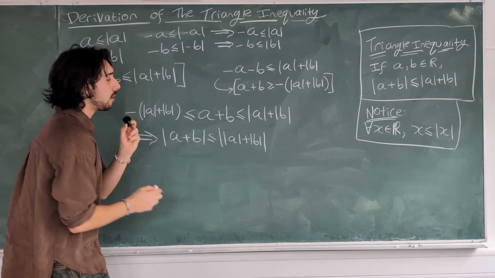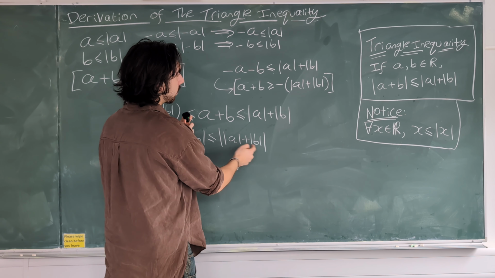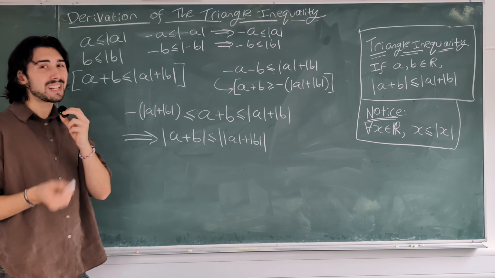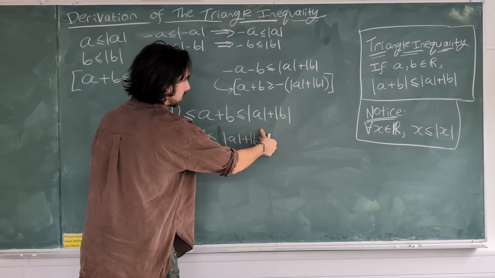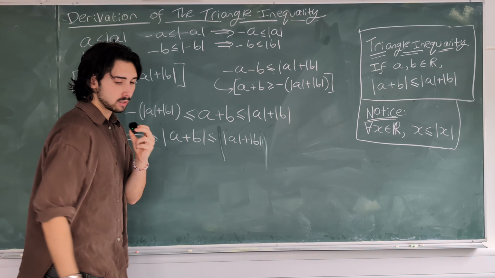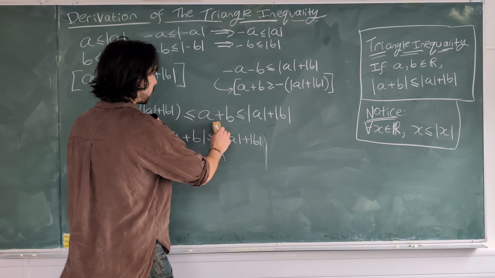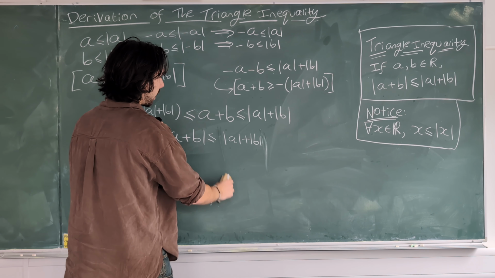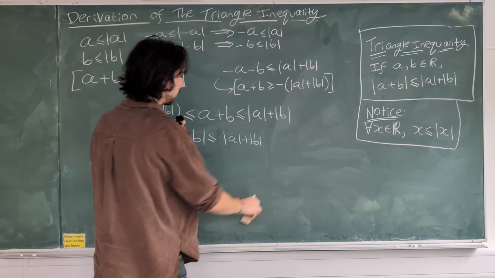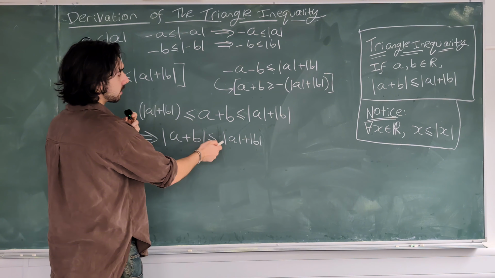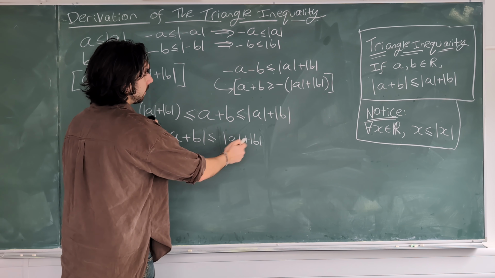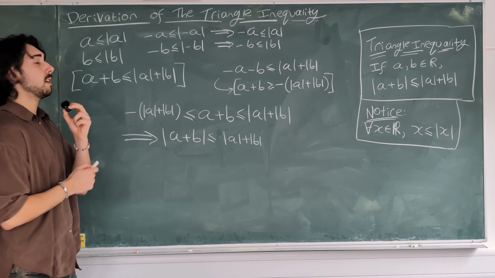However, the absolute value of a plus the absolute value of b is already non-negative, so we don't actually need these extra absolute value signs, because they will never do anything, as the inside is always non-negative. So in reality, we have that the absolute value of a plus b is less than or equal to the absolute value of a plus the absolute value of b, just like that.